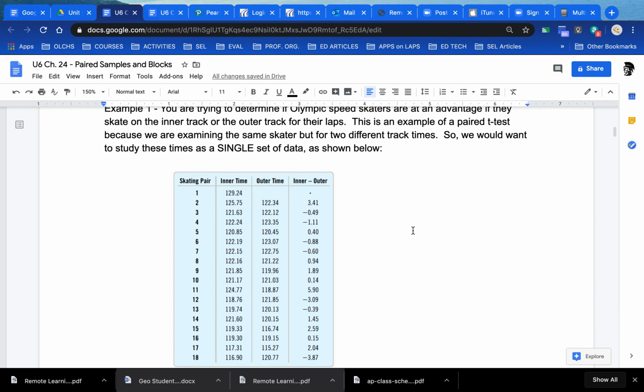So because this is the same racer, it's just two different elements of the same racer, you would treat this as a single set of data. So you can see here sometimes someone's inner speed minus their outer speed is positive, sometimes it's negative. And so we're trying to see if there's a significant difference between these times.